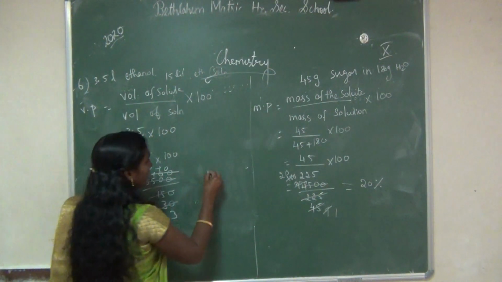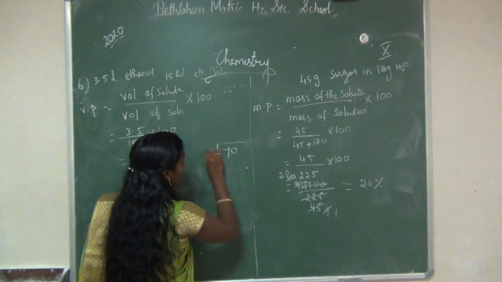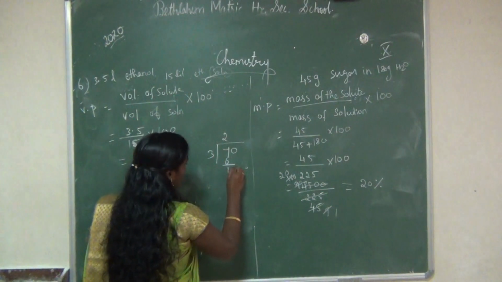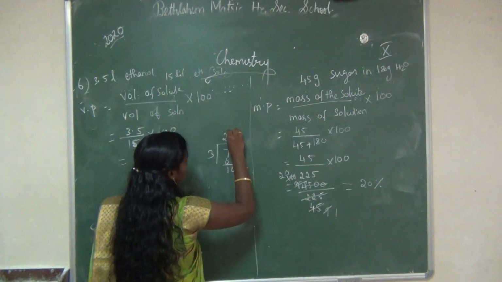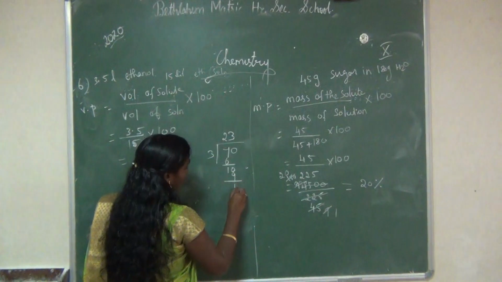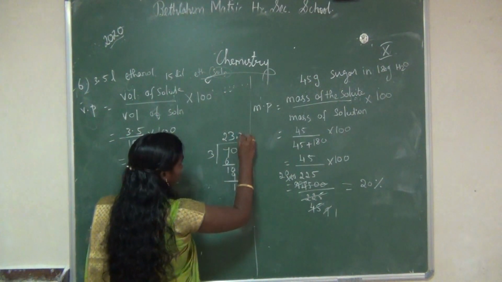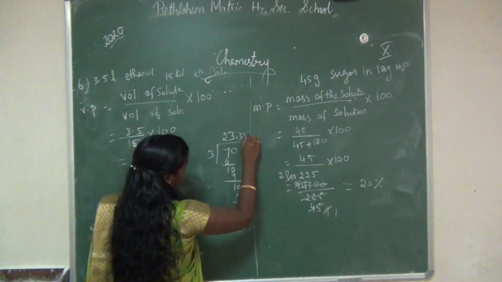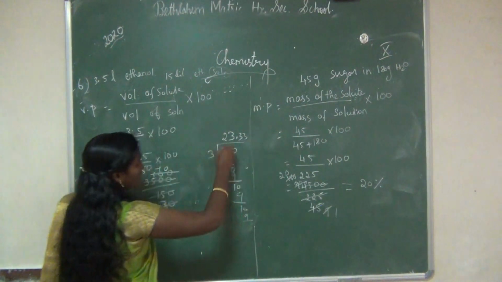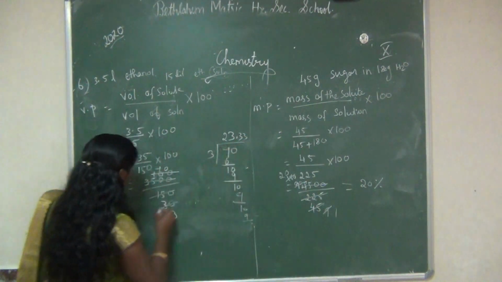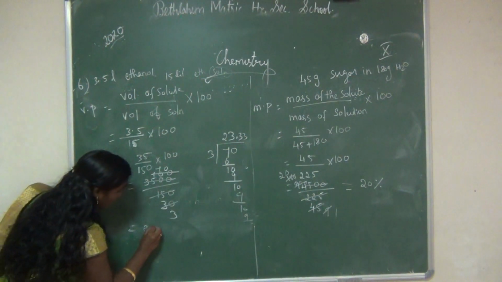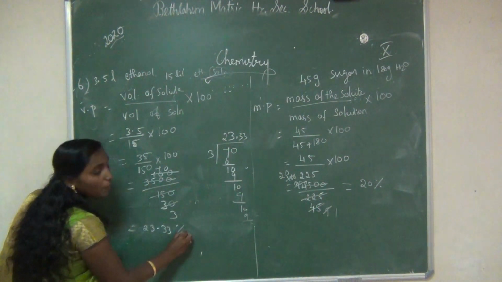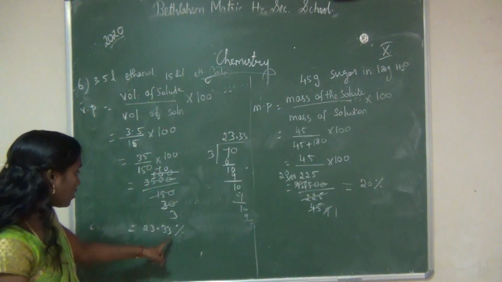So 70 divided by 3. 2 3s are 6, balance 1. 3 3s are 9, 1. Up to 2 decimal digits is enough, okay? So we get the answer 23.33 percent, volume percentage, right?